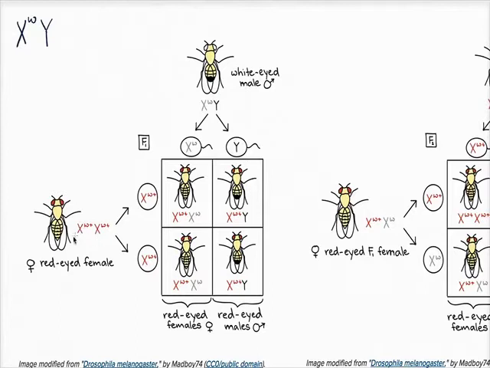The genotype for the red-eyed female is specified by, so it's on the X chromosome, and the females have two X chromosomes, just like in the situation for humans. So on each of the X chromosomes, we assume that the females start off with the red allele. And the red allele, the notation is the W plus. And you might say, well, why don't we just use the letter R?